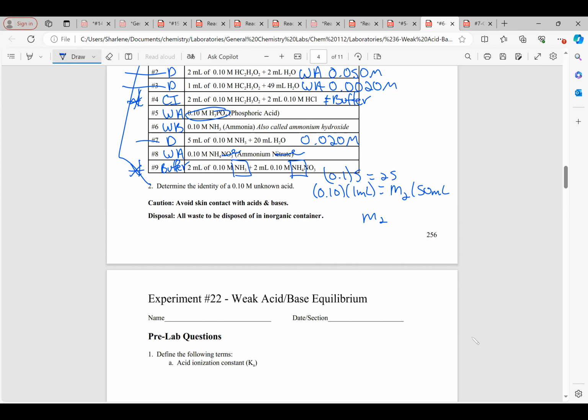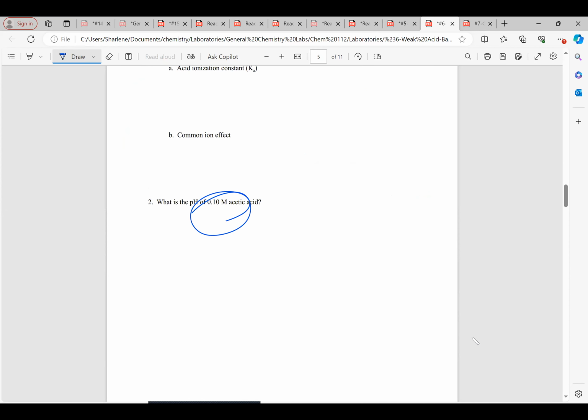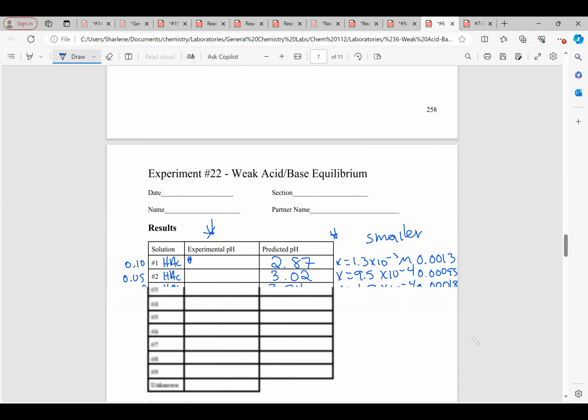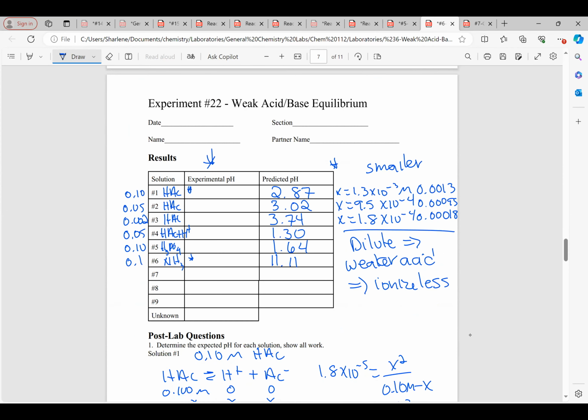And then the next one is ammonium. So this was still ammonia. It was just diluted. Okay, this one will be ammonium, and this one will be a buffer.